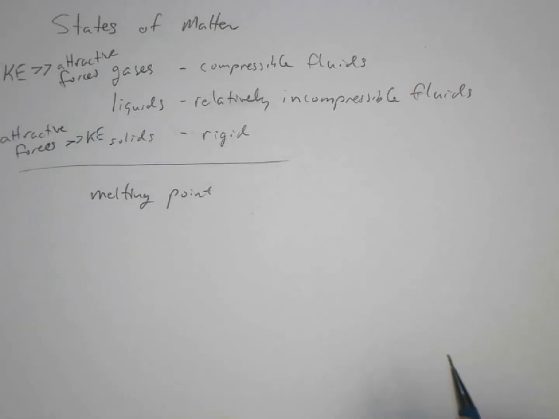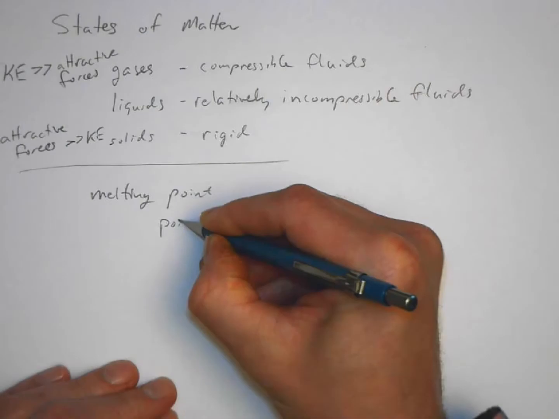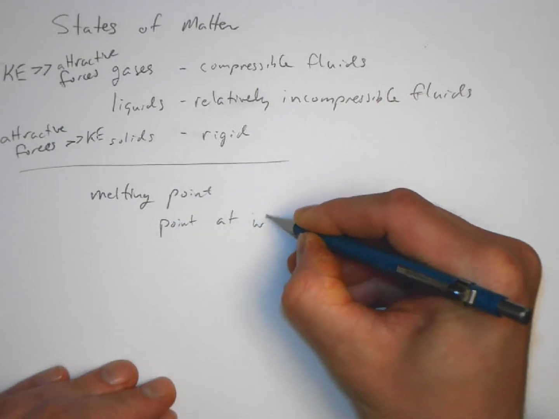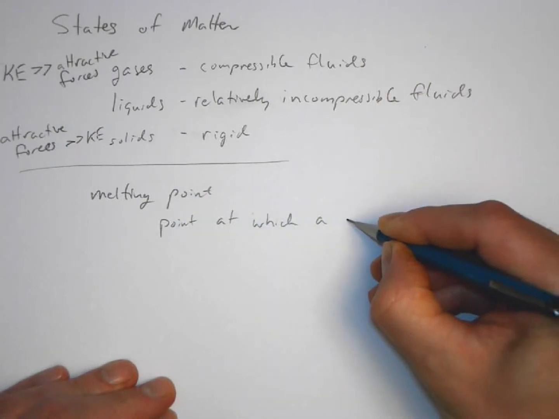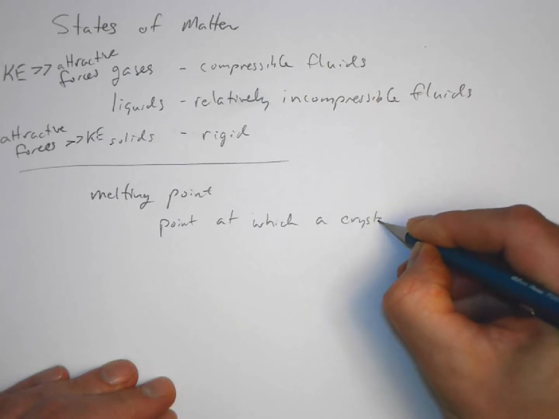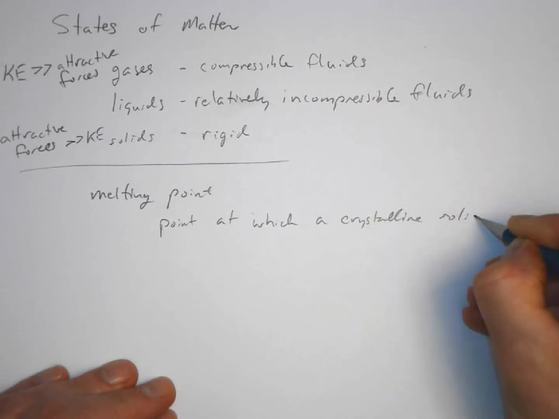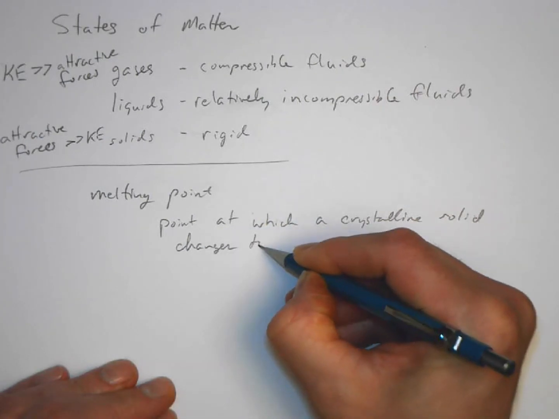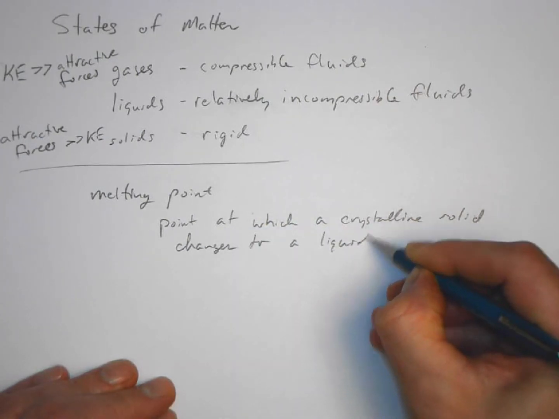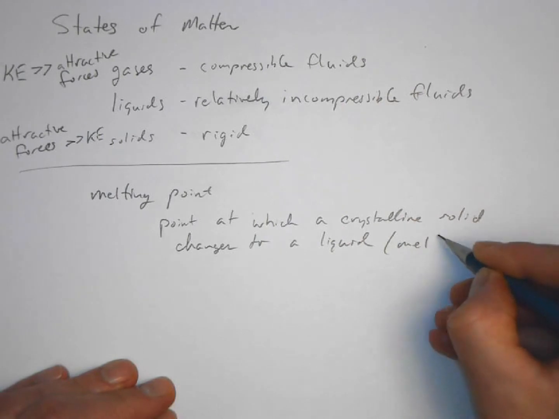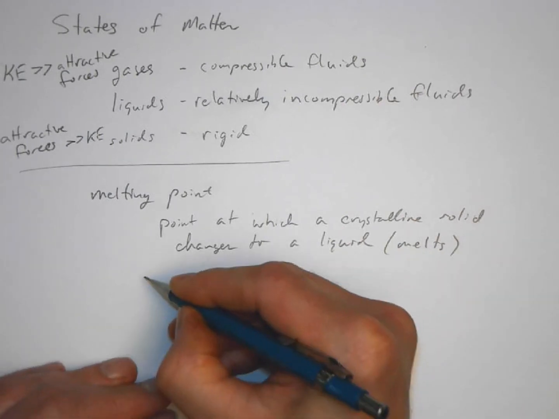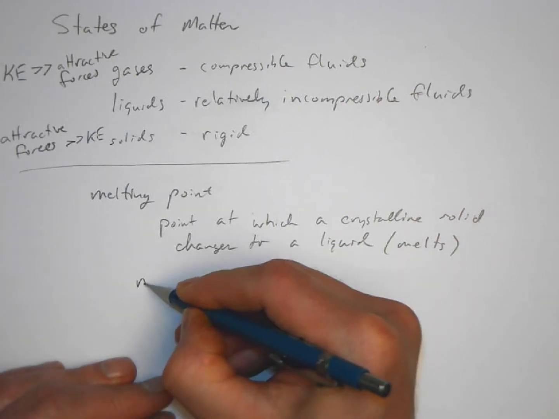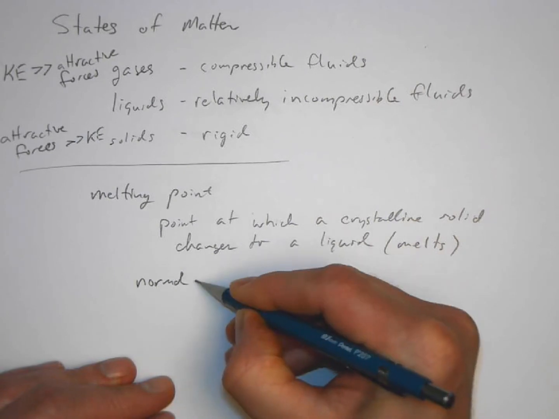Let's have another piece of terminology. The melting point of a substance is the point at which a crystalline solid changes to a liquid. It melts. Sometimes you might hear people talking about something called the normal melting point.